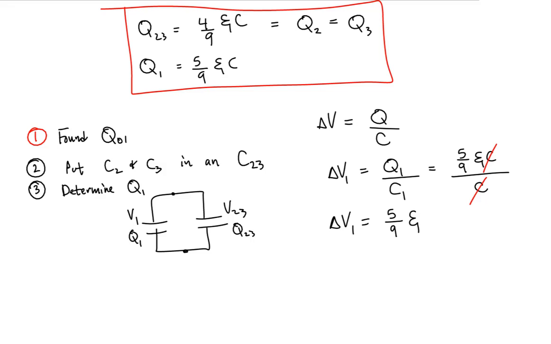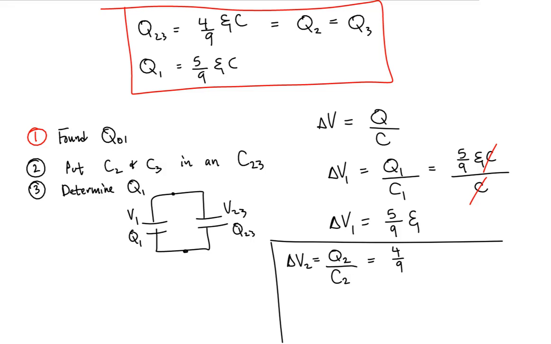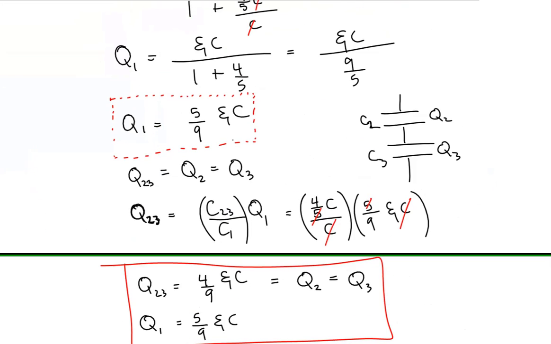To find the potential difference across capacitor 2, that's just the ratio of the charge across capacitor 2 over capacitor 2's capacitance. Well, the charge on capacitor 2 is 4/9 times the product of the EMF and the capacitance of capacitor 1. And capacitor 2, I think we said was 4/9, or is it 4/5? Let me look at it.